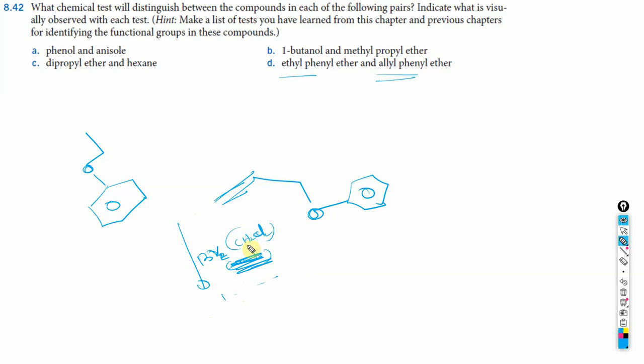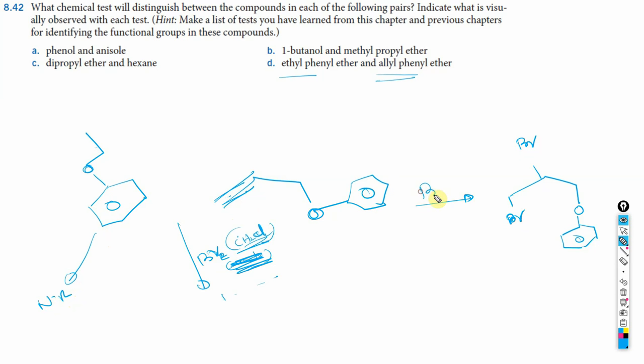But when you have bromine in dichloromethane, then this bromine is not going to react with the aromatic ring, and the bromine is now going to react only with the double bond here, and this compound does not have the double bond that the bromine can react with. So Br2 with allyl phenyl ether is going to give you a dibromo derivative of the alkene, a dibromo product of the alkene, whereas this is not going to give any product, so no reaction.